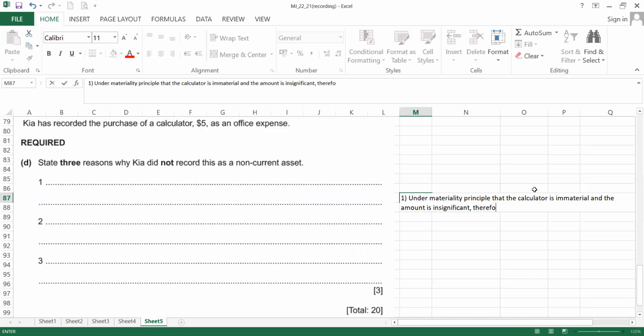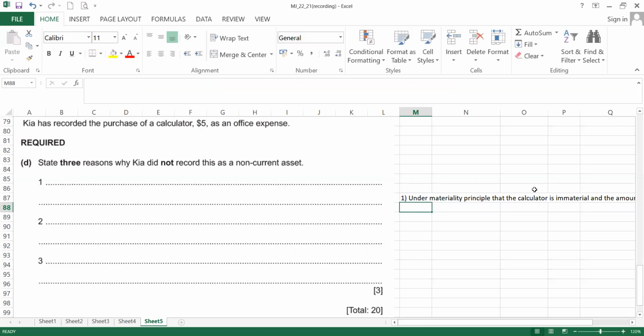So therefore, we can choose to expense the calculator. So this is the information that we can put in.